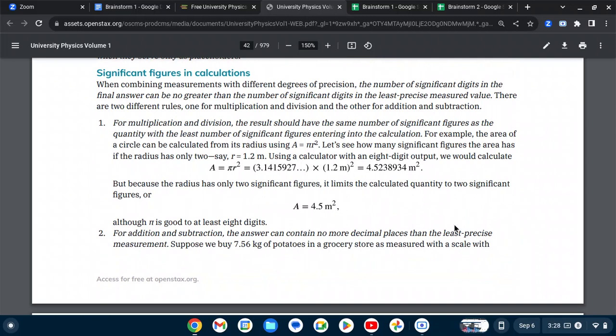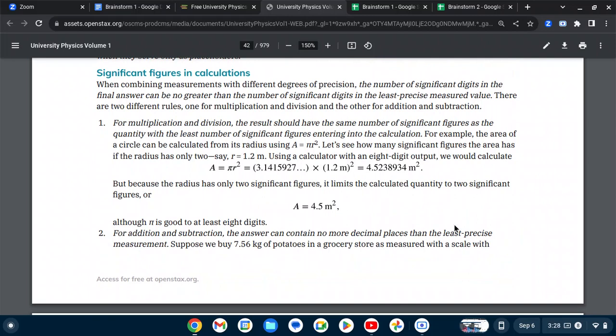For example, the area of a circle can be calculated from its radius using A equals pi r squared. Let's see how many significant figures the area has if the radius is only, say, r equals 1.2 meters.